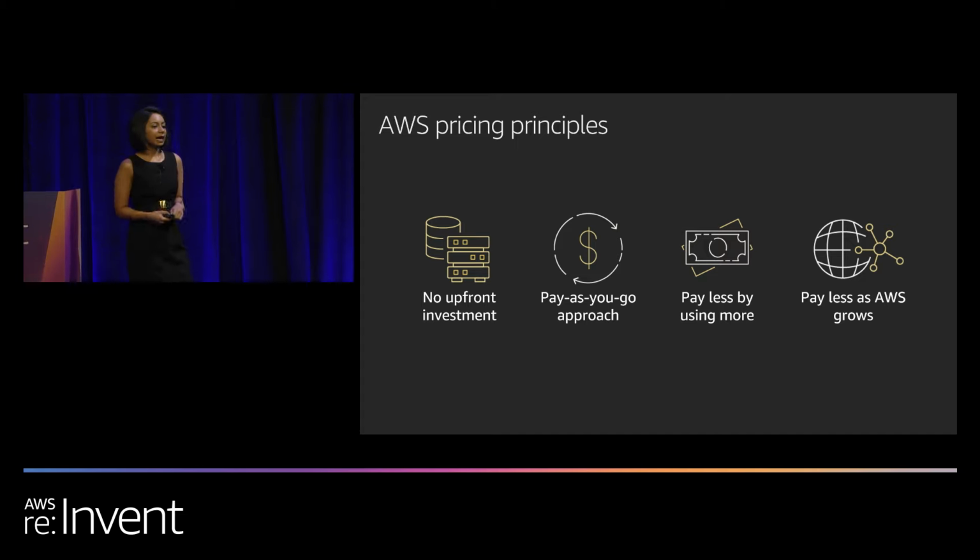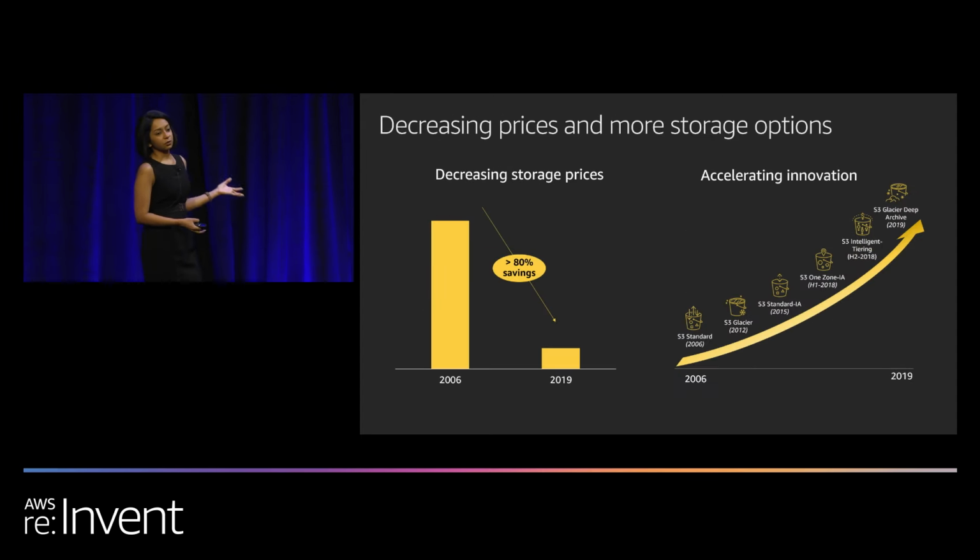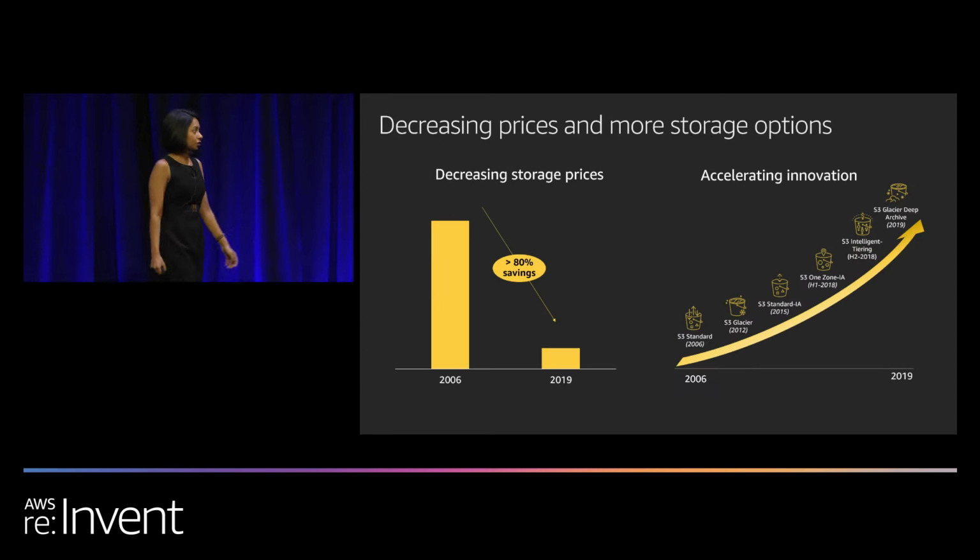And finally, as AWS grows and as S3 grows, we take all this feedback from you guys and invest in innovation. And that innovation translates to more ideal features and use cases for you that help you further reduce your cost. This is just a snapshot of what has happened since we launched S3.